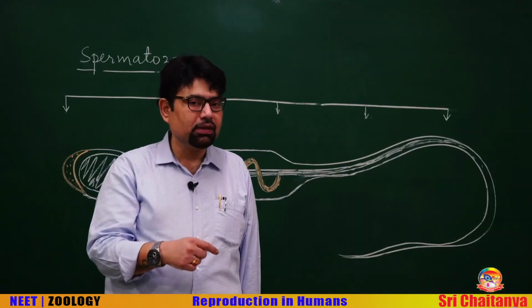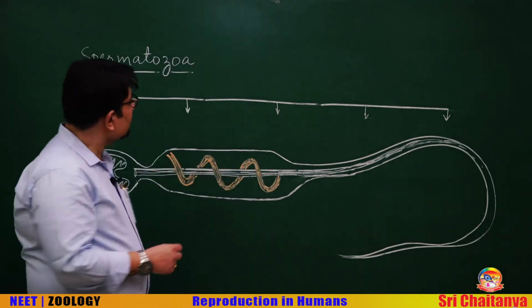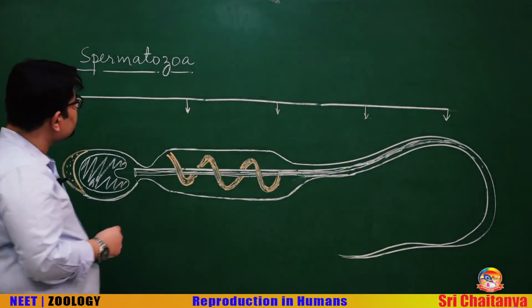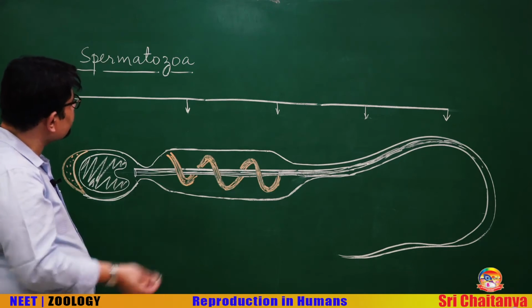After release from the seminiferous tubules, the spermatozoa become motile, with further maturation.